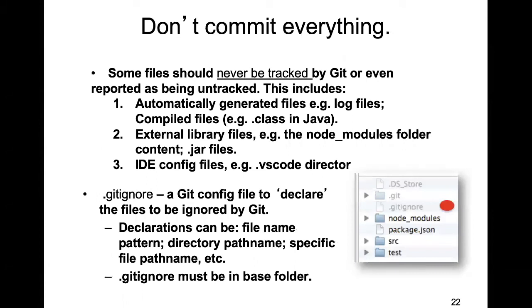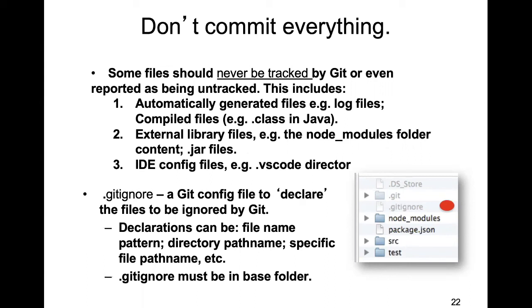Don't commit everything. You should not commit files that were generated by some tool or that you downloaded as a third-party module. So for example, in relation to JavaScript, all of the stuff that is inside the node modules folder should never, ever be included in a repository, because in the case of JavaScript anyway, all of that information is in the package.json metadata file.